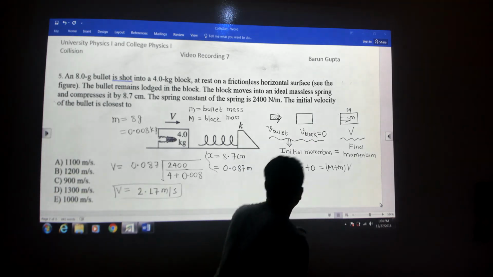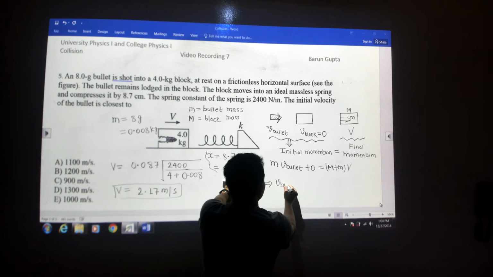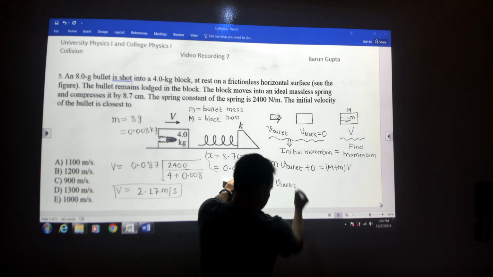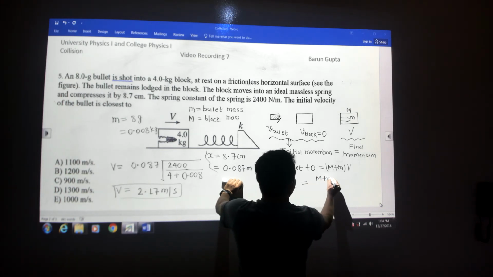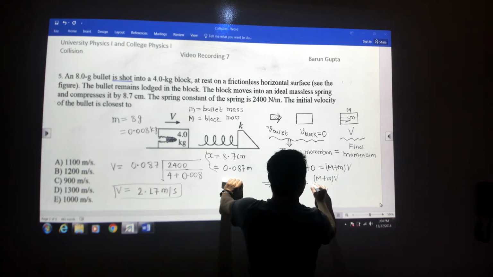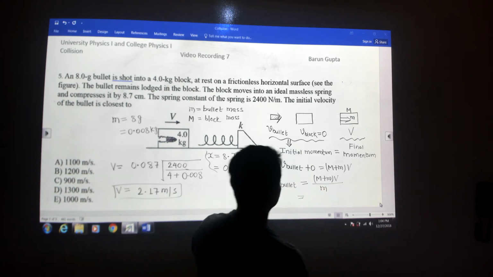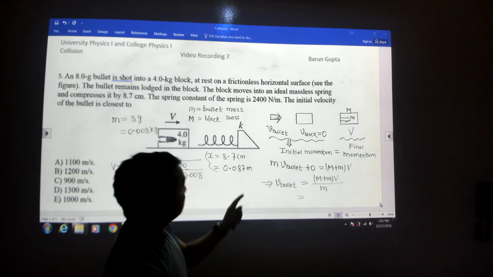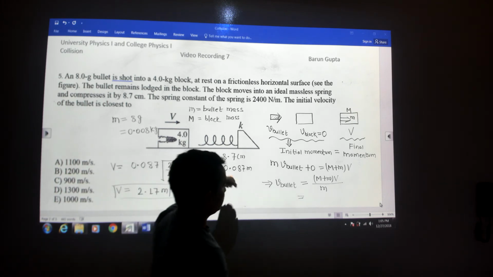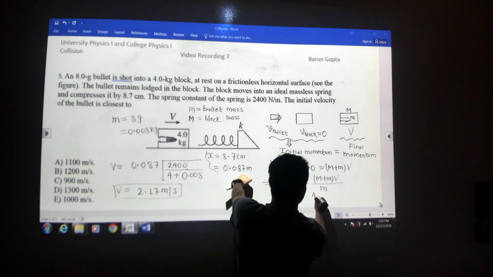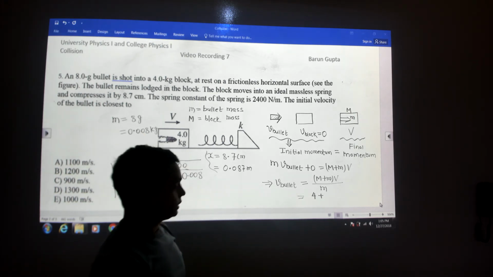So we just have to solve for v bullet. V bullet is equal to (m plus M) times v divided by m. Let's plug in all the numbers here. We already know that the mass of the block is 4 kilogram, and the mass of the bullet is 0.008.